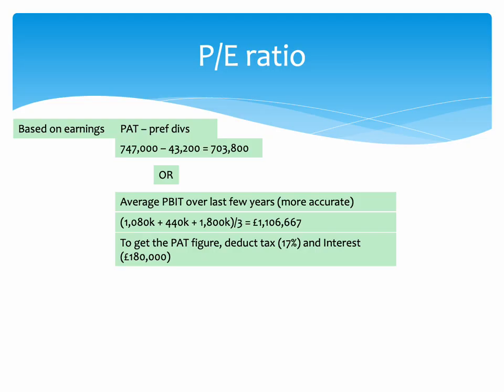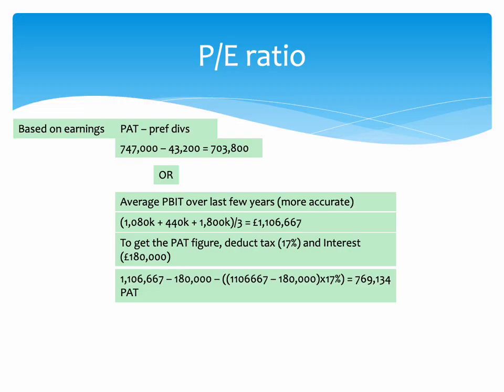So we'll have to take that average profit before interest and tax, deduct the interest, and then deduct tax off that figure. Essentially we've got the 1.1 million, the average profit before interest and tax, knock off the 180,000 of interest, and then we need to knock off the tax, which will be on the profit before tax but after interest.